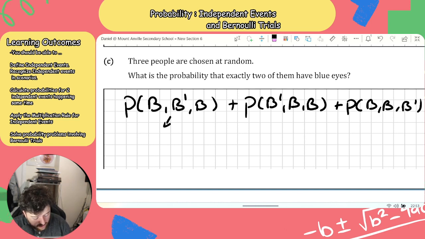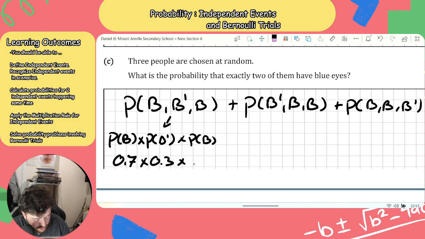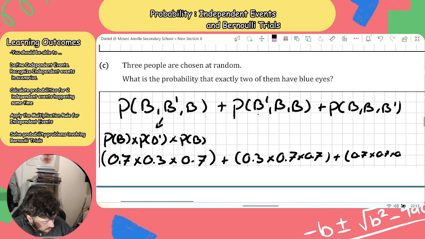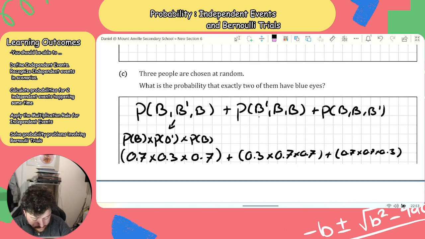The first is probability blue times not blue times blue, so 0.7 times 0.3 times 0.7, which is 147 over 1000. Add 0.3 times 0.7 times 0.7, plus 0.7 times 0.7 times 0.3, each 147 over 1000.